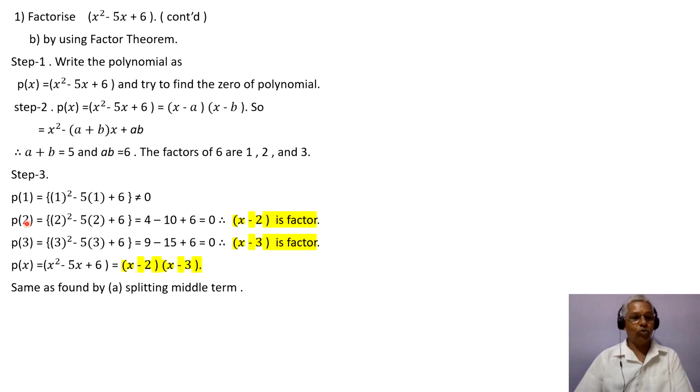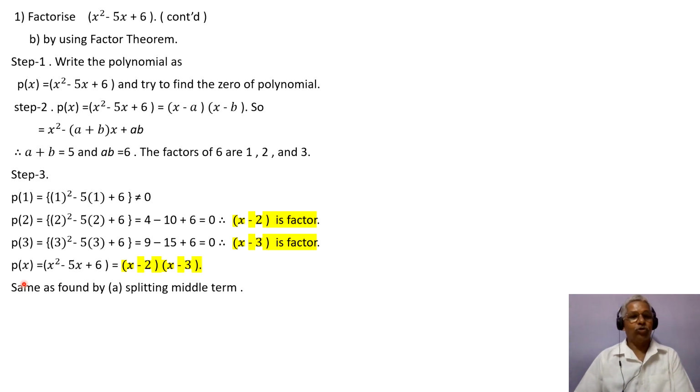If this is 2, then x minus 2 is a factor; if it is minus 2, then x plus 2 is a factor. We have learned this. Similarly for 3, substitute 3 in place of x: 3 square minus 5 into 3 plus 6 is 9 minus 15 plus 6, which is equal to 0. So x minus 3 is a factor.